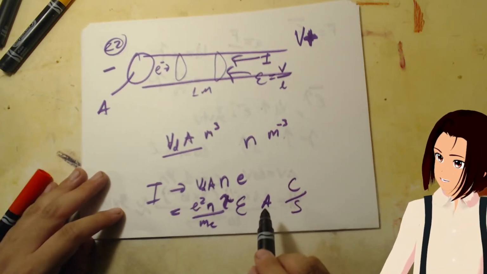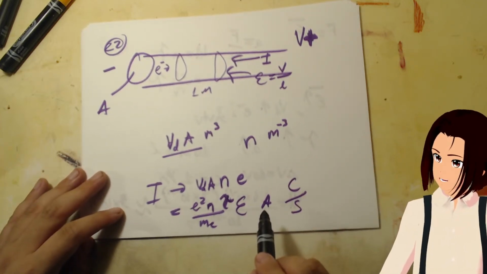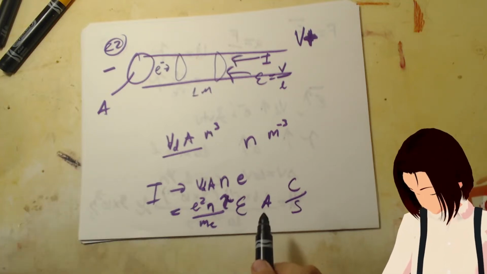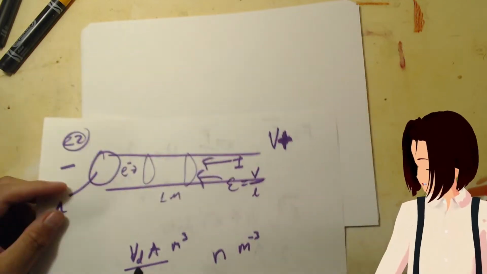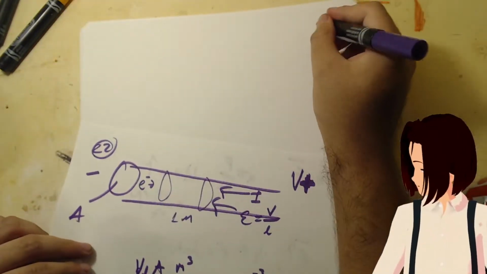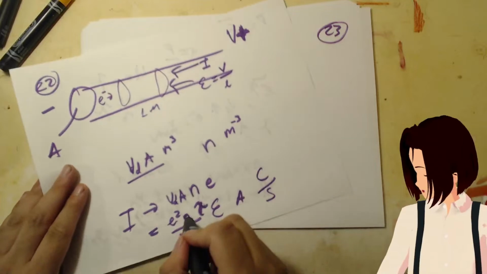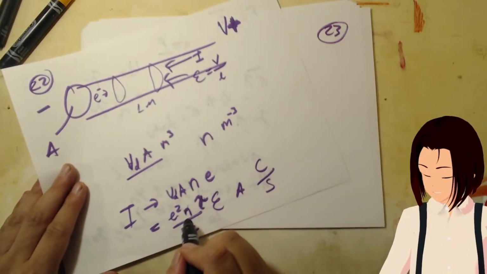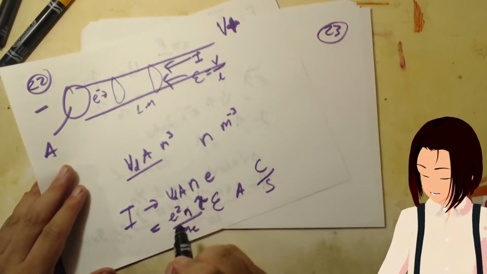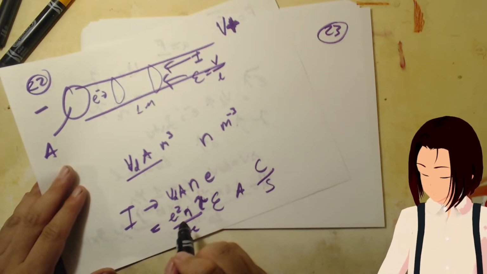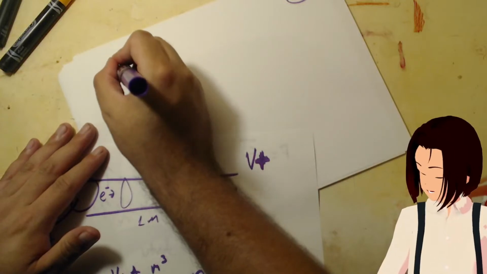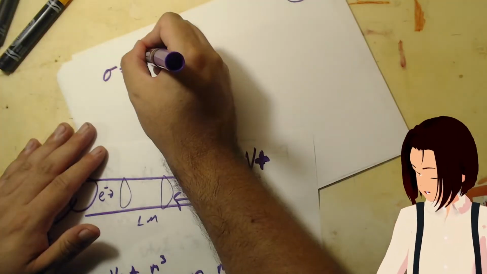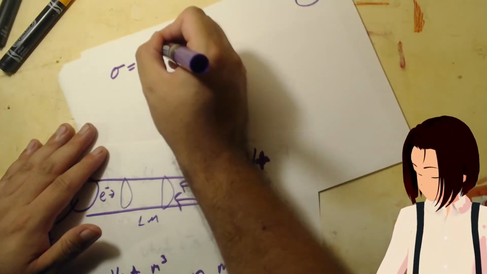I think he was French too, a lot of French guys. We're going to designate this as conductivity: sigma equals charge squared times n times tau.